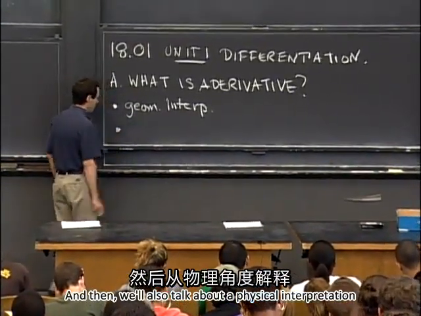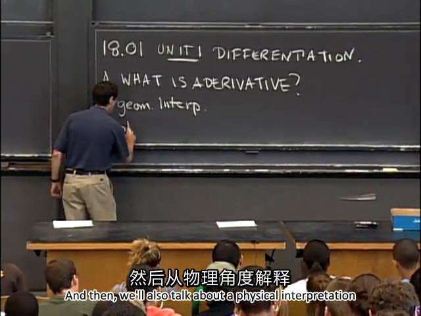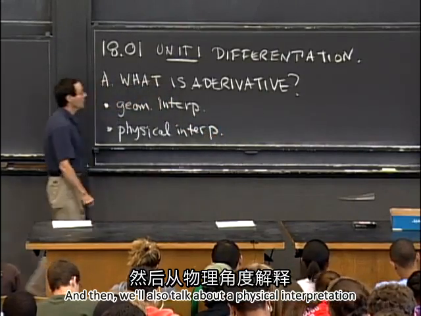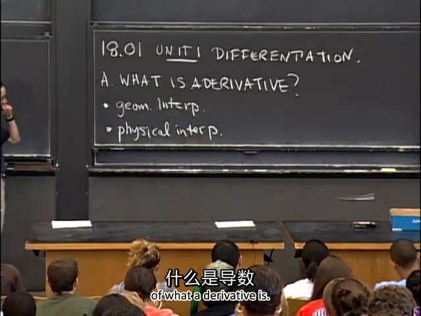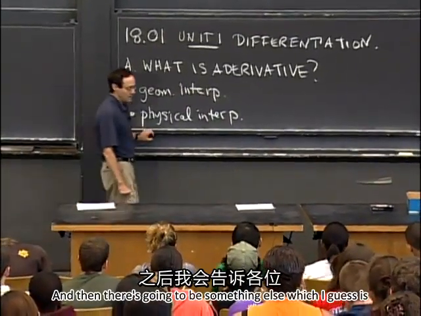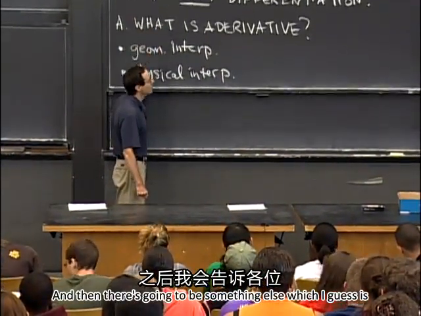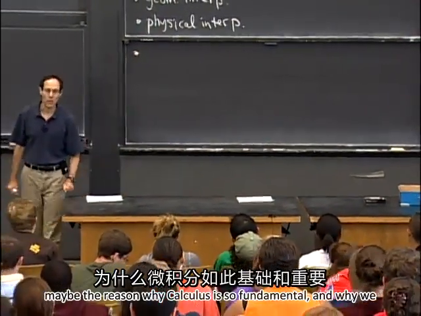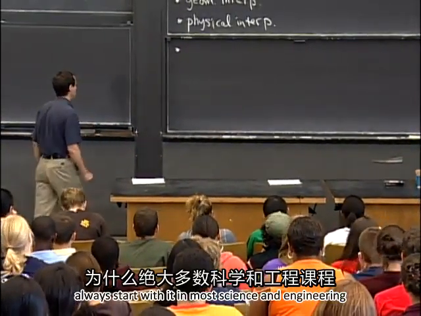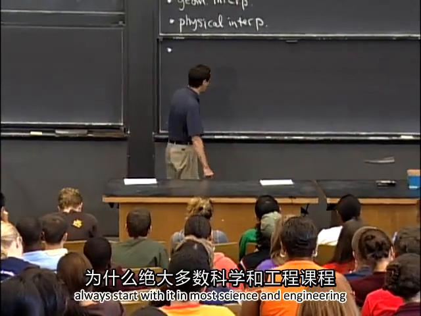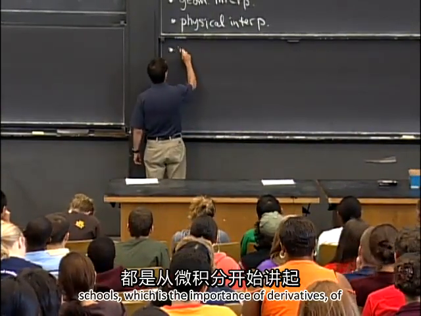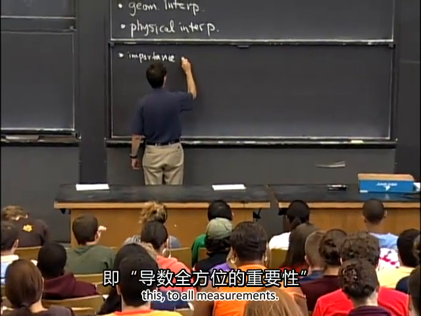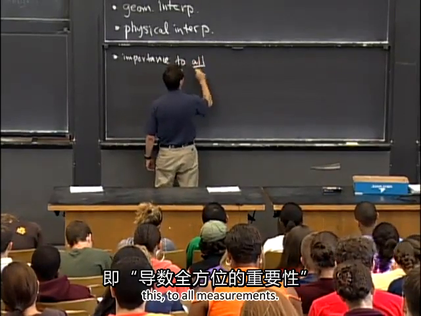And then we'll also talk about a physical interpretation of what a derivative is. And then there's going to be something else, which I guess is maybe the reason why calculus is so fundamental and why we always start with it in most science and engineering schools, which is the importance of derivatives to all measurements.